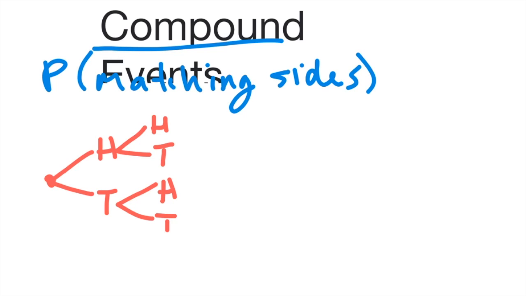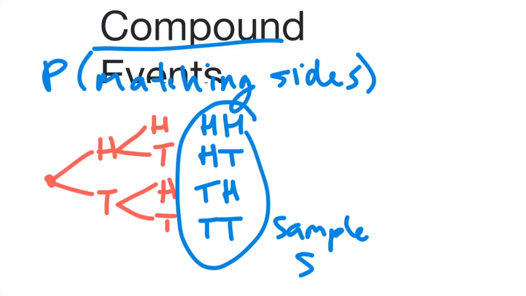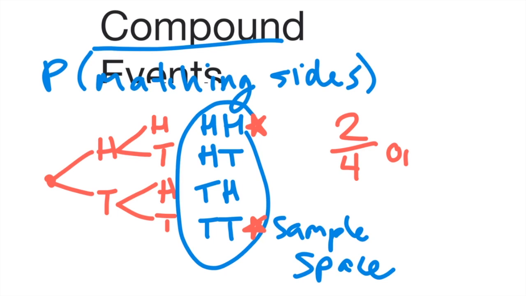That means that my list of outcomes could be, I could get heads and heads, heads and tails, tails and heads, or tails and tails. This list of outcomes is called the sample space. The probability of getting matching sides, here's one and here's one, is 2 out of 4, or 1/2.